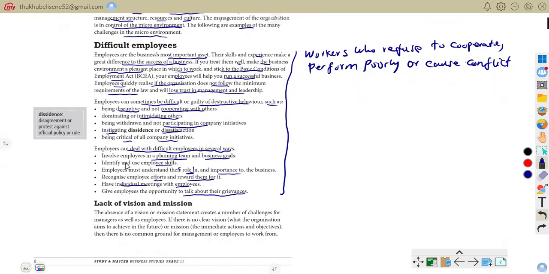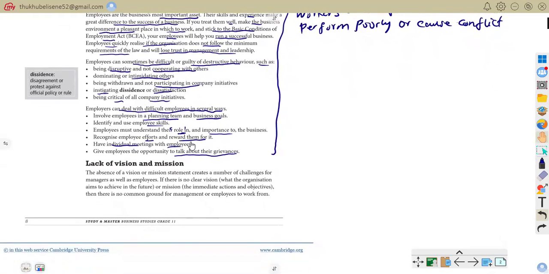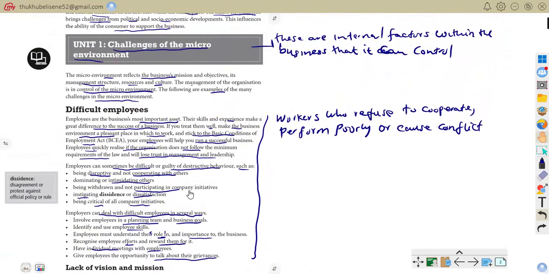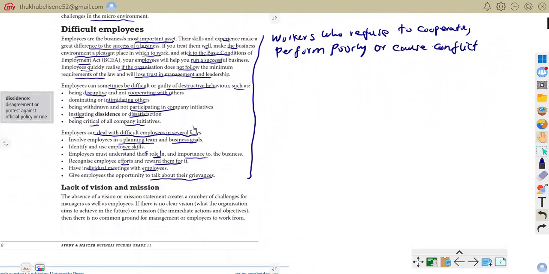So that is that. Now let us move on to lack of vision and mission as one of the challenges of the micro environment.